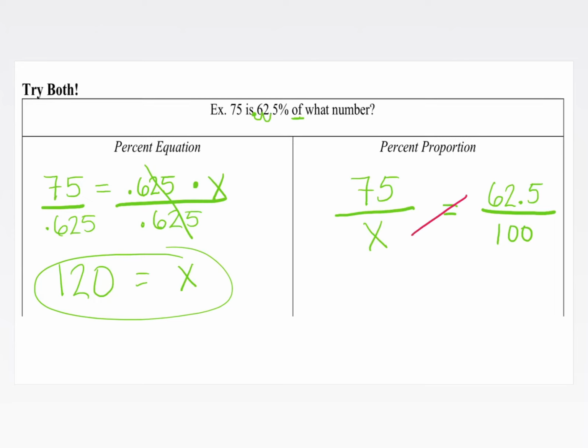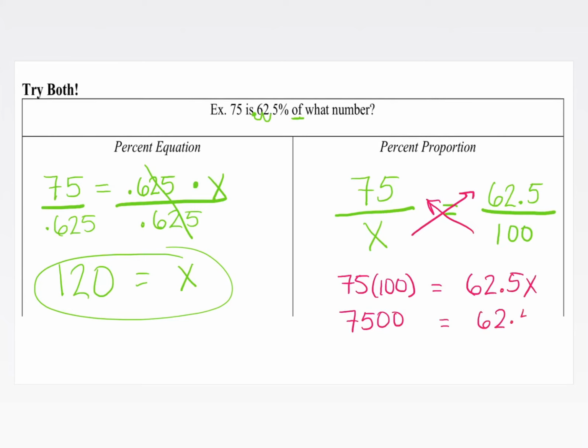Now we can cross multiply. So we have 75 times 100 equals 62.5 times x. Now we're going to simplify the left-hand side. 75 times 100 gives us 7,500 equals 62.5x.